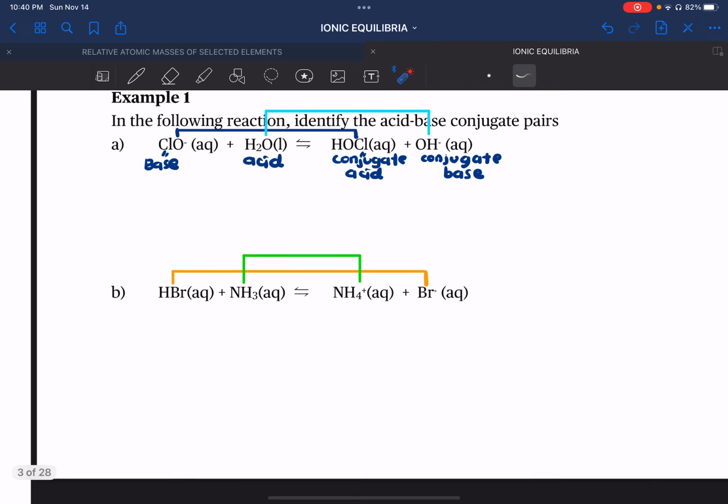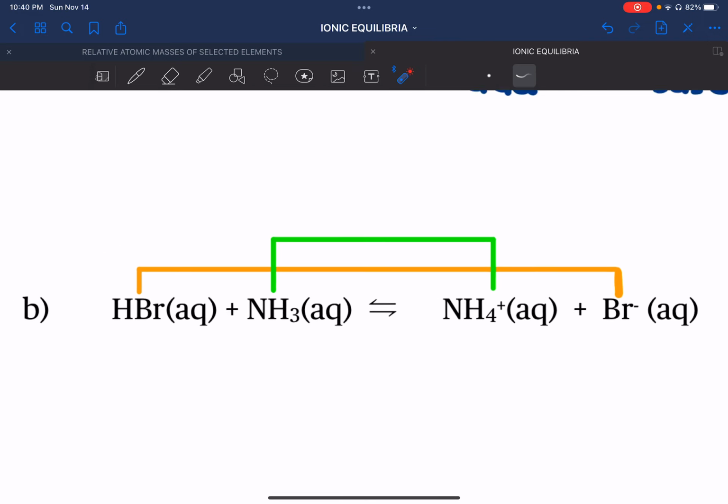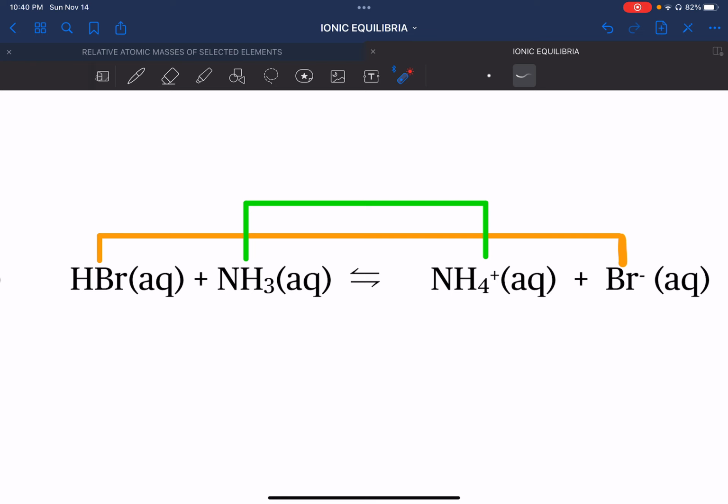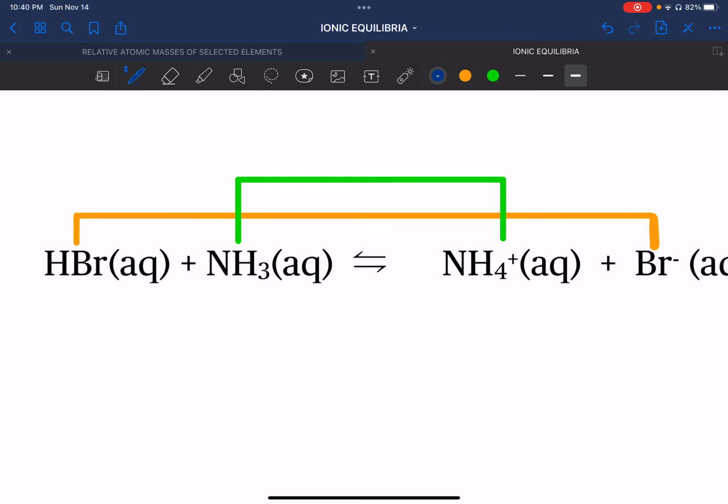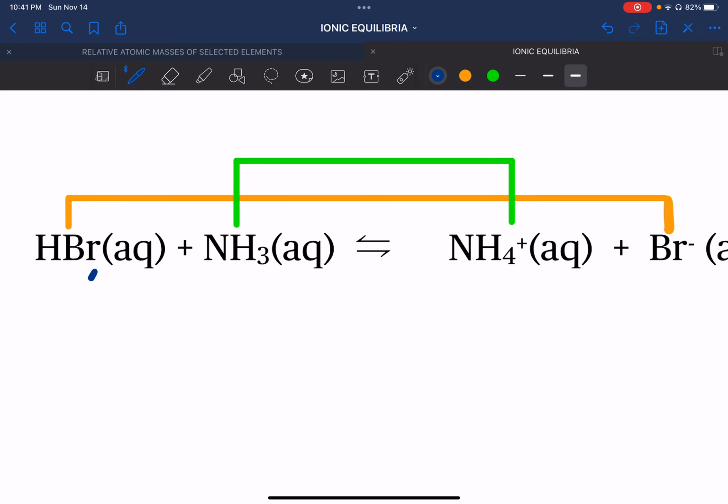Okay, so let's do more example here. Okay guys, I already gave you the pair. Madam dah pairkan siap-siap untuk awak. Awak hanya perlu tentukan sama ada HBr, NH3, NH4+, Br- ni apa. Okay, so now cuba kita tengok HBr. So HBr, so after that Br-.